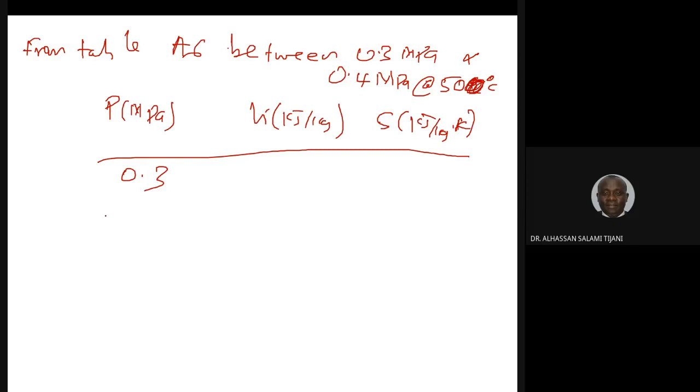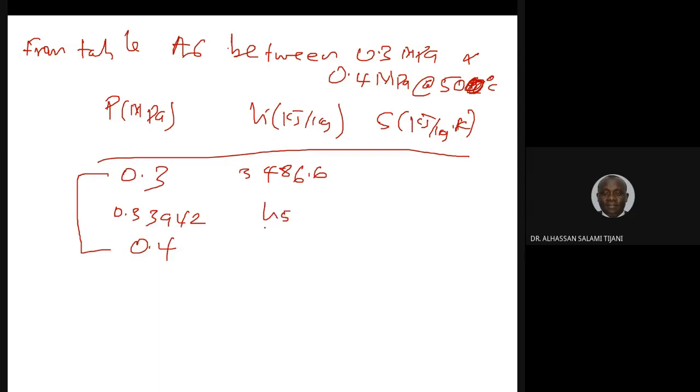So 0.3, then our existing pressure, in megapascal, this gives me 0.33942 megapascal, and then 0.4. So I'm interpolating between these two pressures. The enthalpy that corresponds to 0.3 is 3486.6, and this is H5.